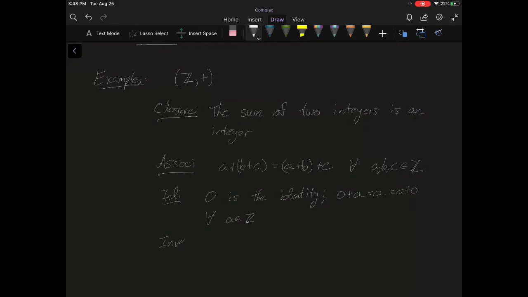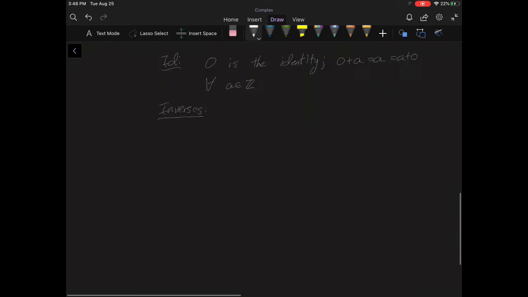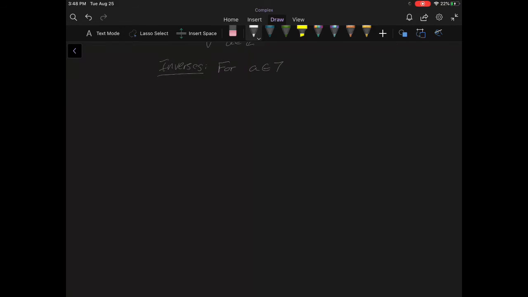And finally, to show that it's a group, we're going to look at our inverse elements. So we claim that if I have any integer a, its additive inverse is going to be negative a. Right? So if we look at, for instance, a plus negative a, we know that's the same as a minus a.